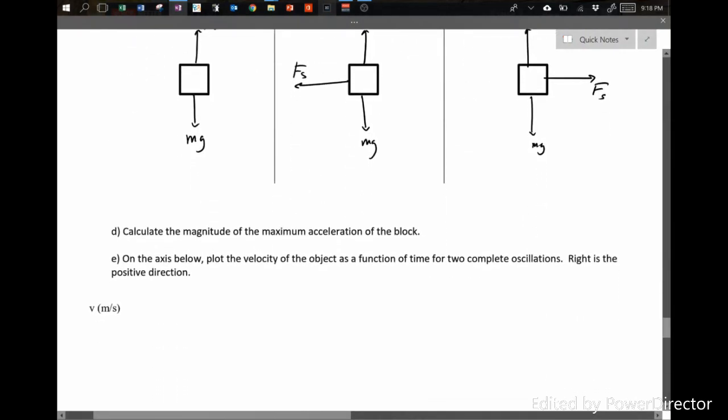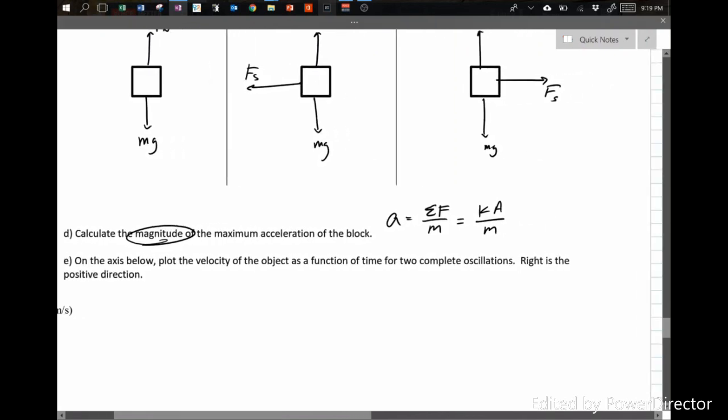Calculate the magnitude of the acceleration of the block. Well, acceleration is the net force over the mass, and since it's a magnitude, I don't really care about the direction. So it's kx, since we're talking about maximum, spring constant times the amplitude divided by my mass.